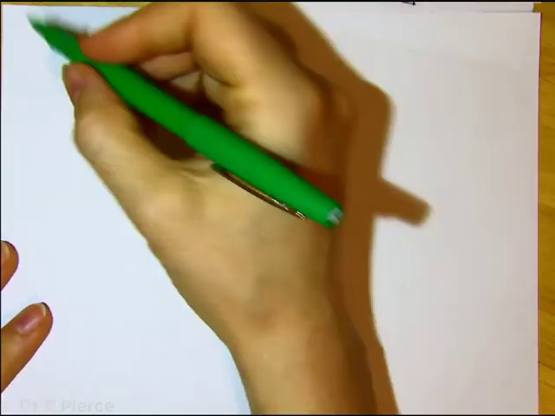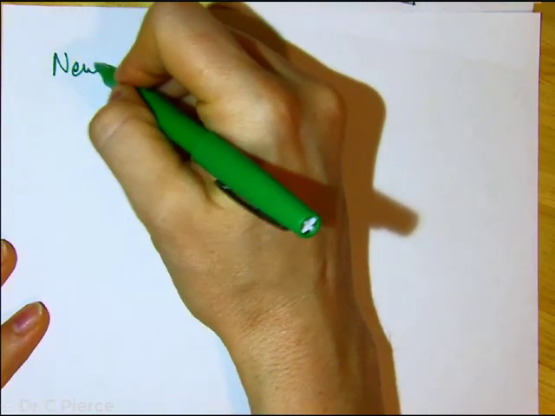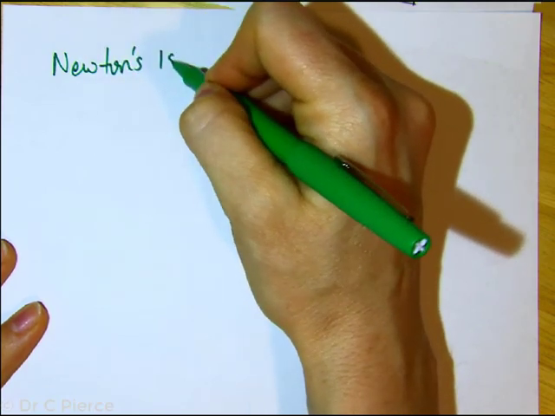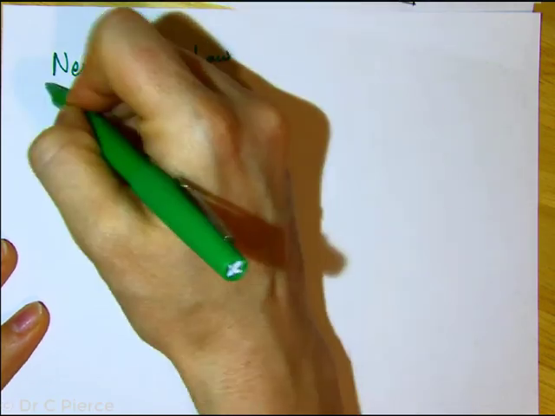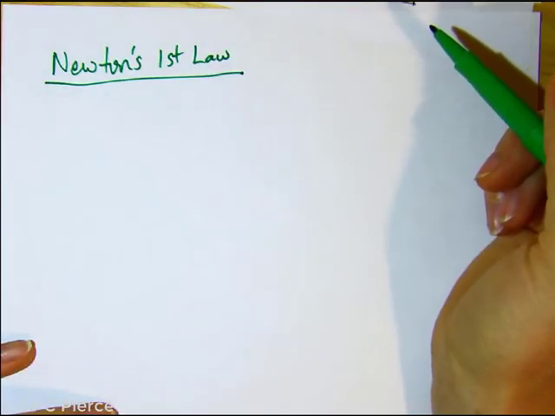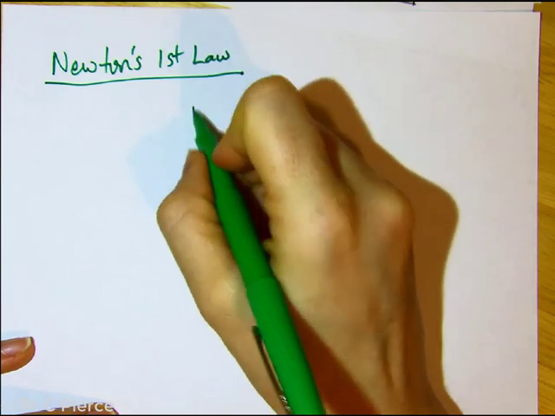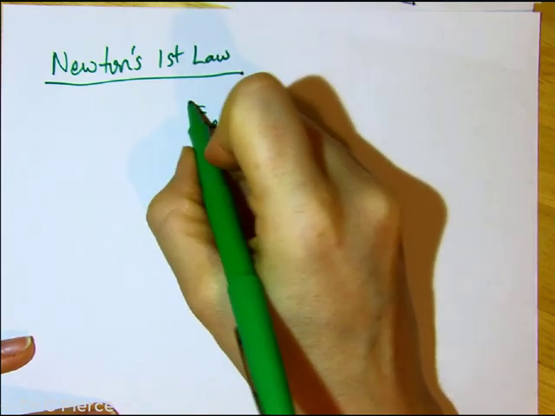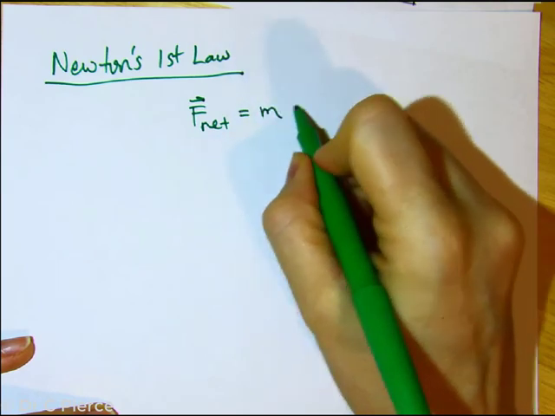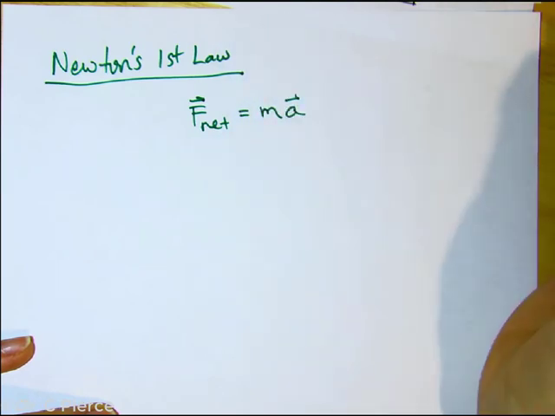I'm going to cover Newton's first law now that we've done Newton's second law. Because Newton's first law is built right into Newton's second law. So Newton's second law is the net or unbalanced forces on an object would be equal to the object's mass times the acceleration.